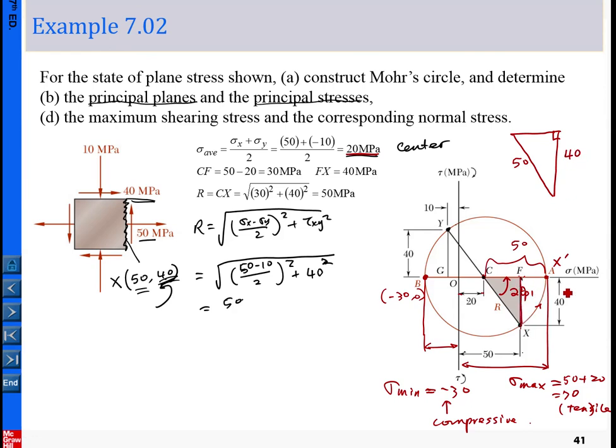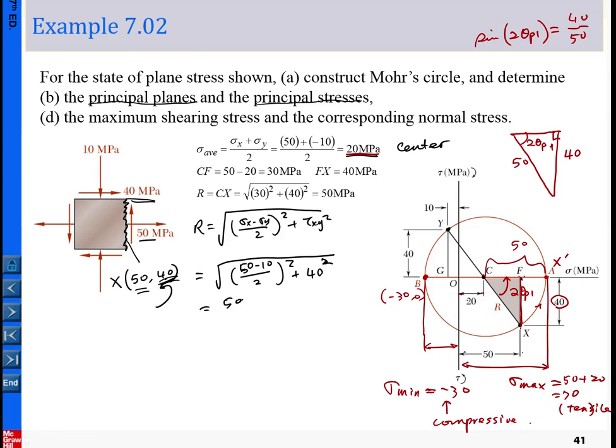So this is our 2 theta p1, and sine of 2 theta p1 equals 40 over 50. From here you can determine theta p1: it is the arc sine of this, divided by 2.